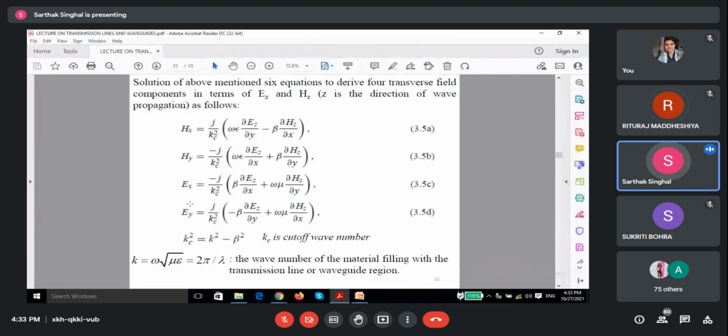Are you able to see these equations 3.5? There will be no component. If both Ez and Hz are zero, then the wave will not exist.